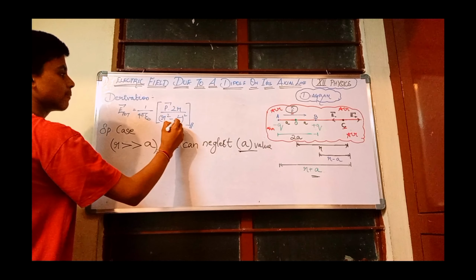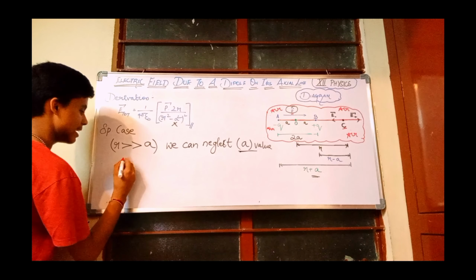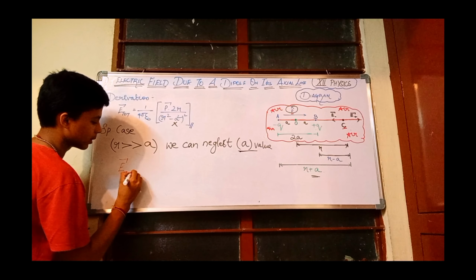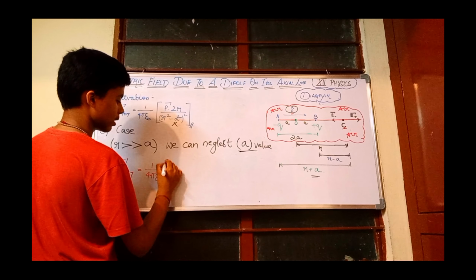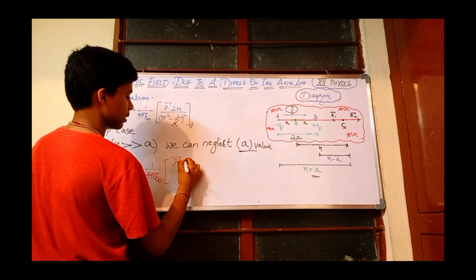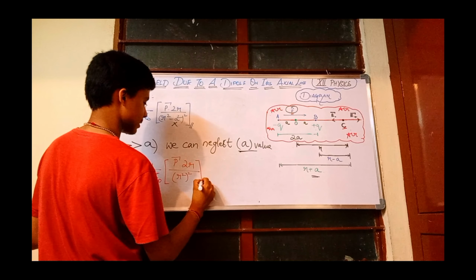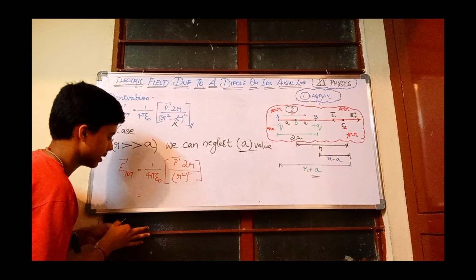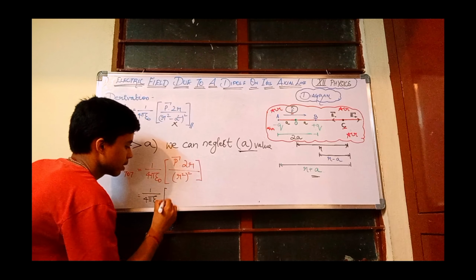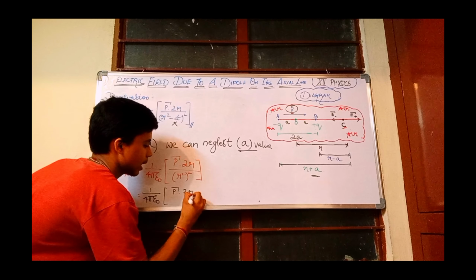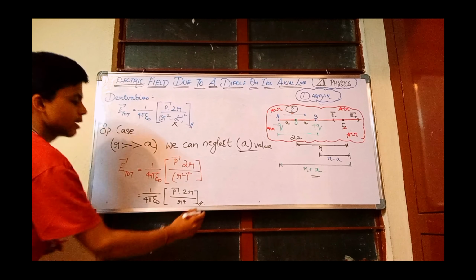So in this formula, I'm going to neglect the a value. So I get the final equation in the special case as E vector total is equal to 1 by 4 pi epsilon naught p vector into 2r by (r square) the whole square, which is nothing but 1 by 4 pi epsilon naught p vector times 2r by r power 4. This is the special case.